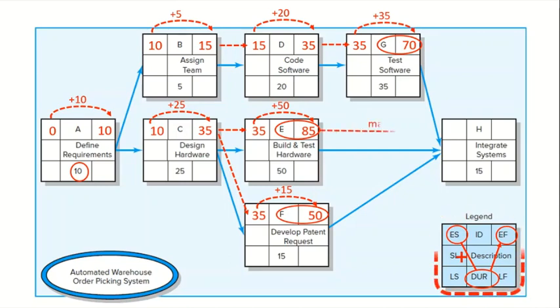The answer is activity E, since it has the largest early finish time. If E is delayed, H will be delayed also. So activity E controls the ES of H, which is 85. The earliest finish for activity H, or the project, is 100 days. Now we have all values of ES and EF for each activity.